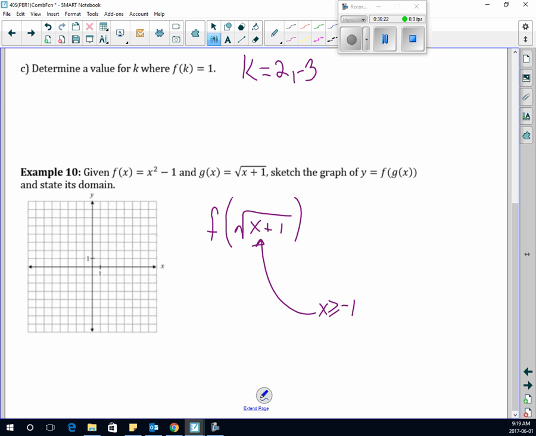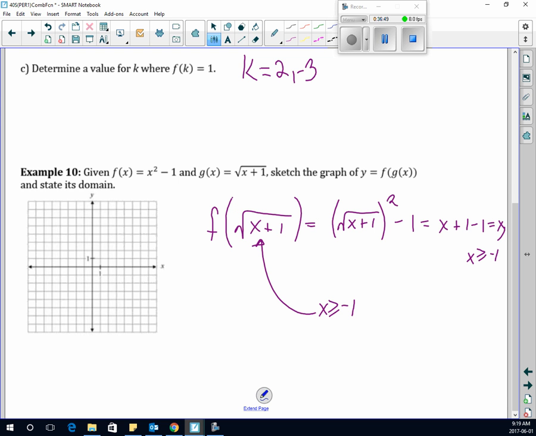Remember that. So now this is going into the f machine, and we have the square root of x plus 1, the whole thing squared, subtract 1. A square undoes a square root. So we have x plus 1 minus 1. Oh, that equals x. However, x has to be greater than or equal to negative 1.